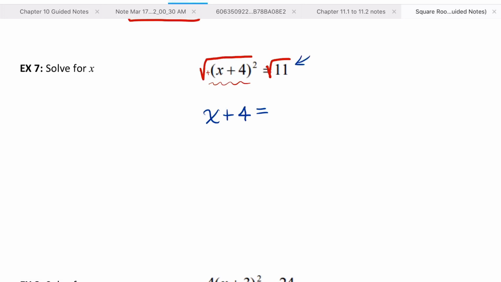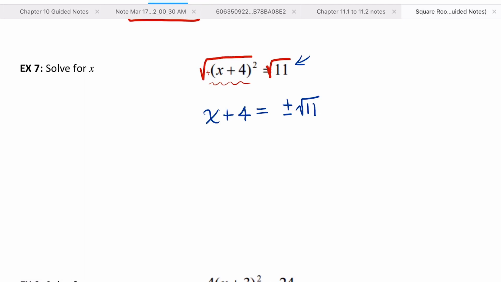And then on the right side, you cannot simplify square root of 11, and it's not a perfect square number, nor does it have any perfect square factors. So you just have to write plus or minus the square root of 11, because there's nothing we can do to 11, and I would avoid putting it in your calculator because you're just going to get an irrational number no matter how you put it in there. So just put 11.